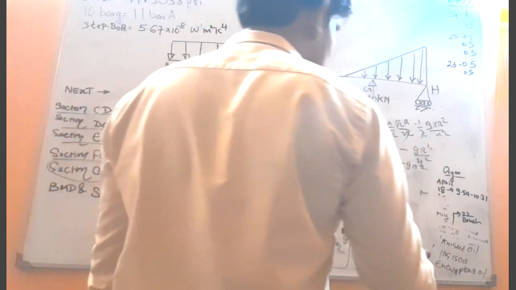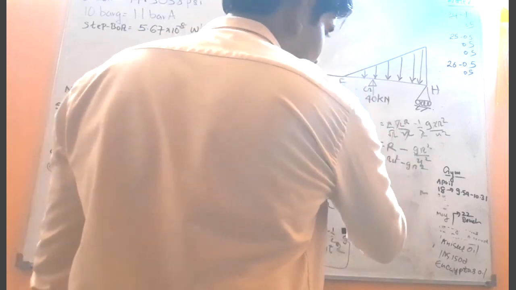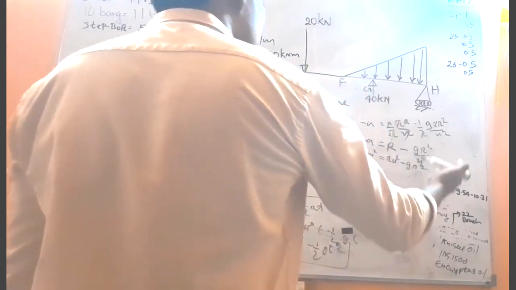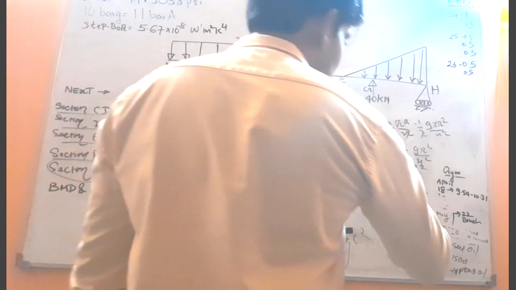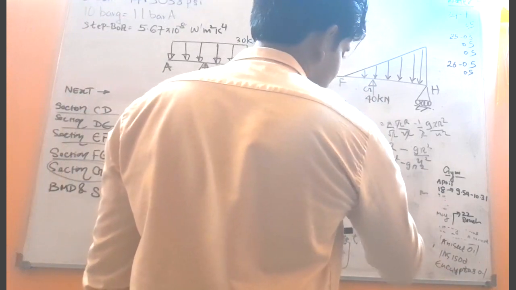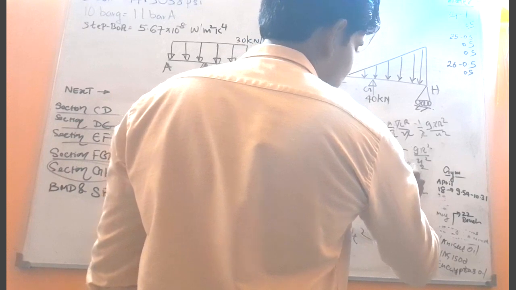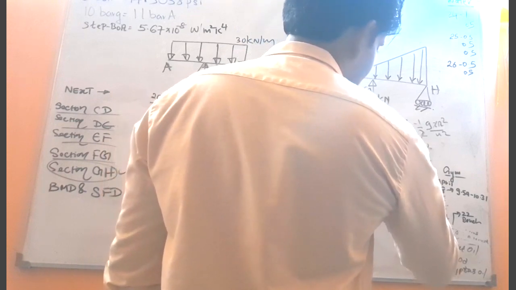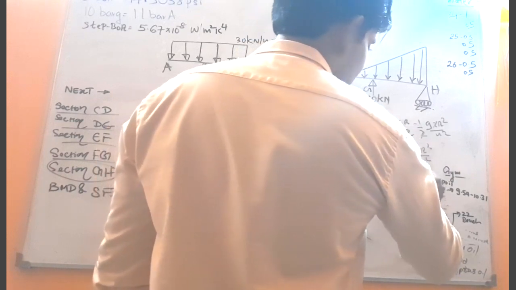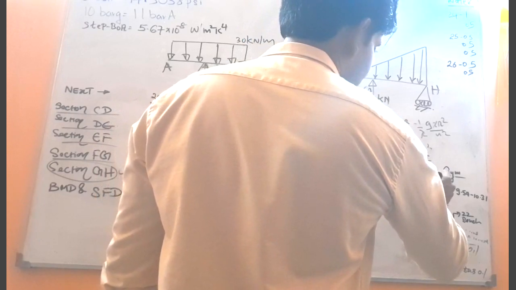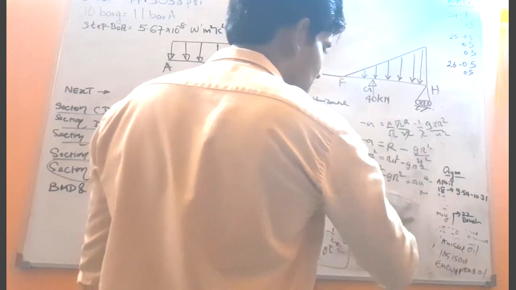Then take everything to one side and keep the other side 0. Let's put this side as 0. So r u squared minus g r squared; if you take this to the other side, it will be positive a u squared. But according to the given problem, r must be obtained as a positive value.